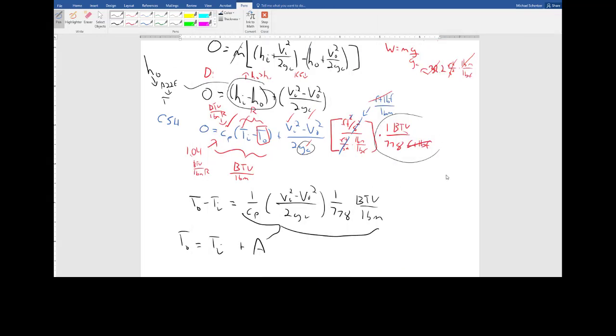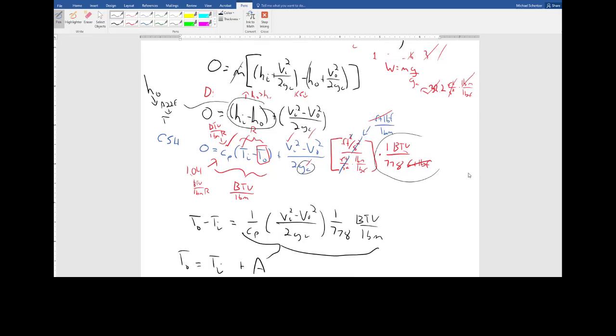Just calculating it, see if we can get the answer. CP is about 1. So on a multiple choice, you could just look at this and see what the answer is. Just remember the sign is different. Here we expect T out to be bigger than T in. So if you did this, let's see what the numbers are.